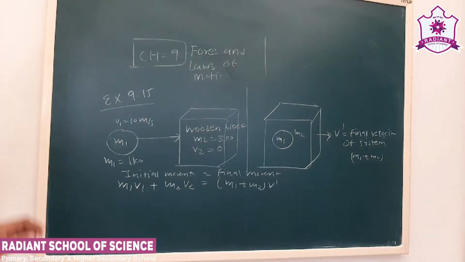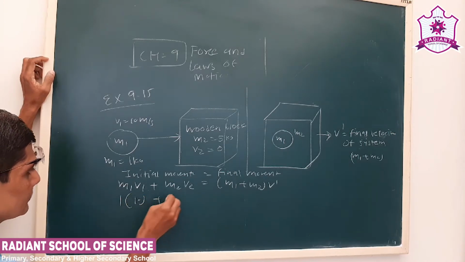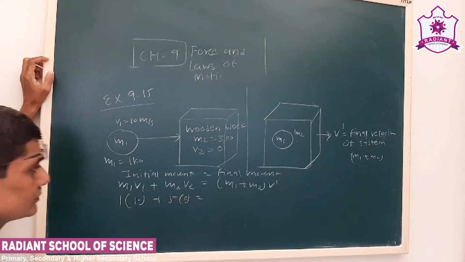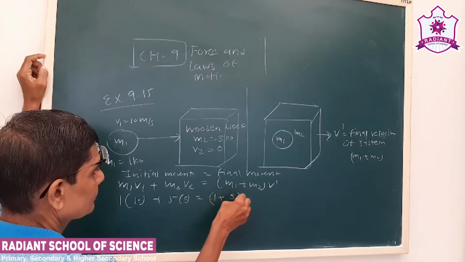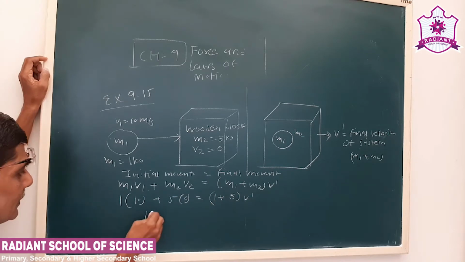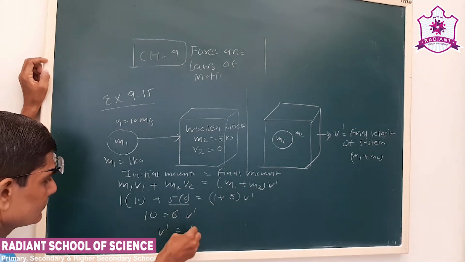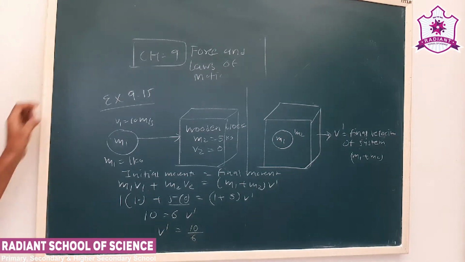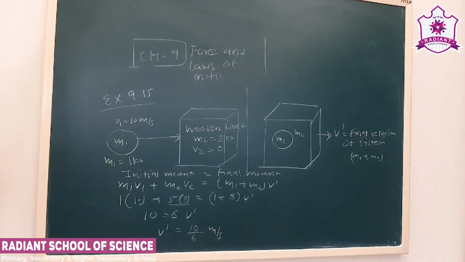Now we use the formula: m1 v1 is 1 into 10, m2 v2 is 5 into 0, so it will be 1 plus 5 times v dash. So it will be 10, and this will become 0. v dash will be equal to 10 by 6 meter per second. This is the final velocity of the system.